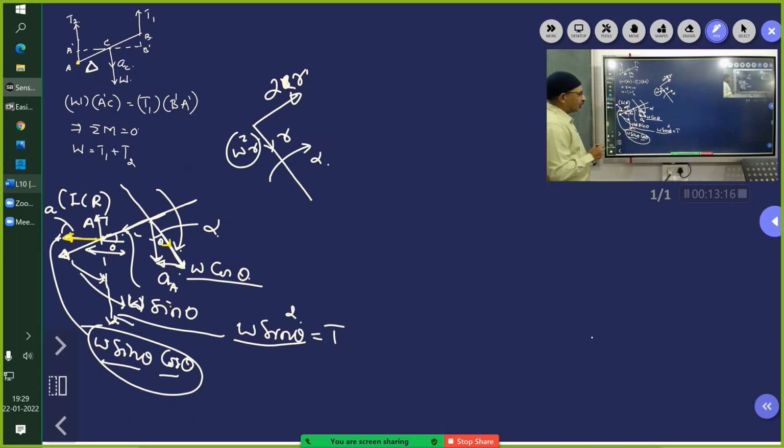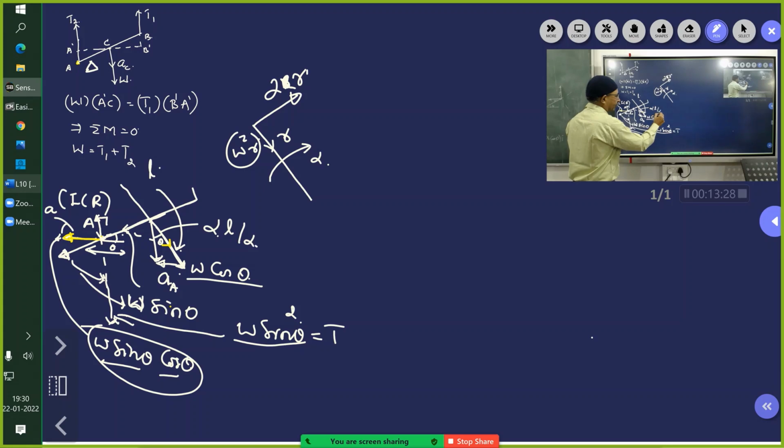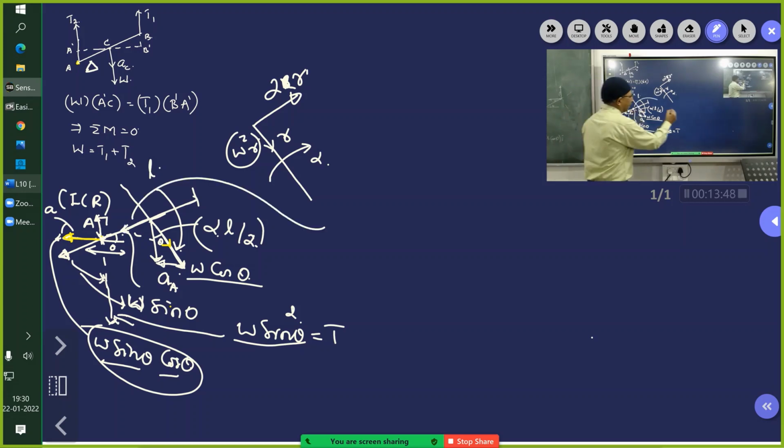Therefore, the tangential acceleration will be alpha into the length of the rod, which they have given as L. So this will be L by 2, because the total length of the rod is L, and this is the midpoint. So the tangential acceleration is alpha L by 2. And this component, which is radial, will become omega square L by 2.